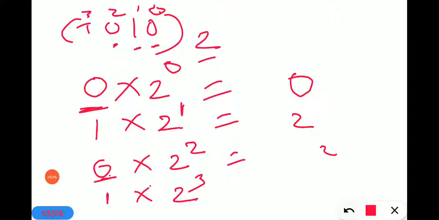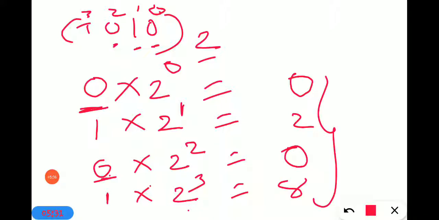But here the number is 0, so 4 into 0 is 0. 2 raised to 3 means 2 into 2 into 2: 2 2s are 4, 4 2s are 8. So 2 raised to 3's answer is 8, and 8 ones are 8.